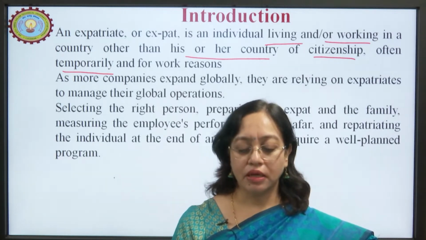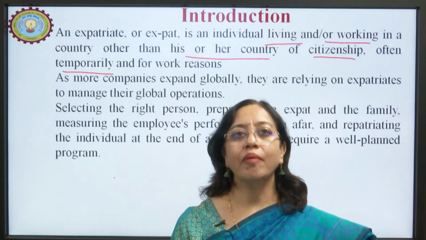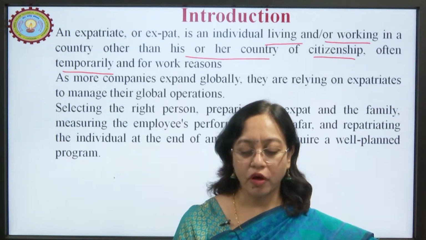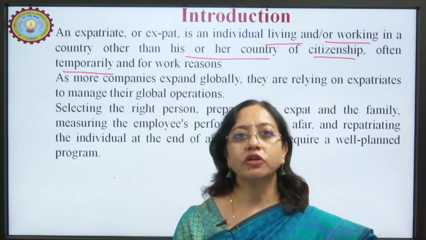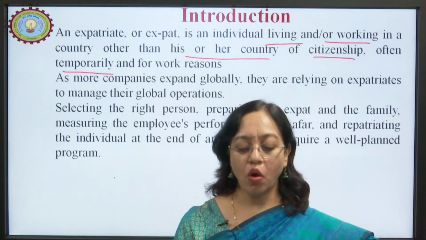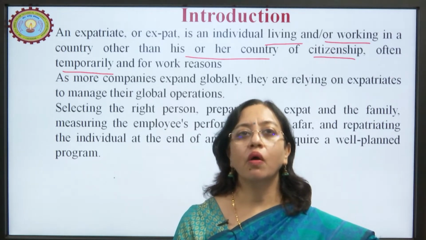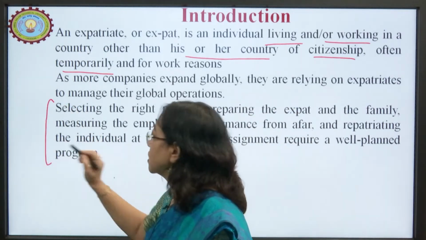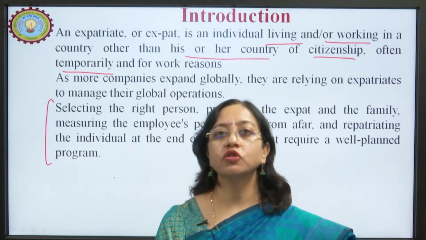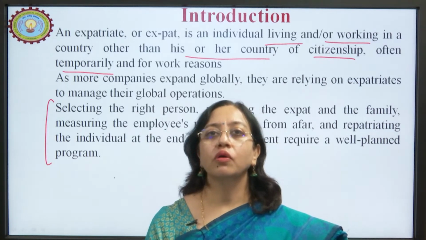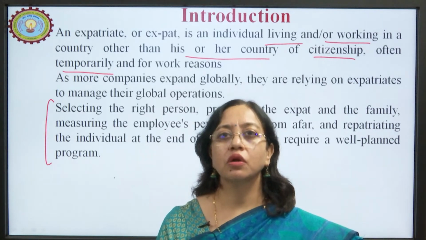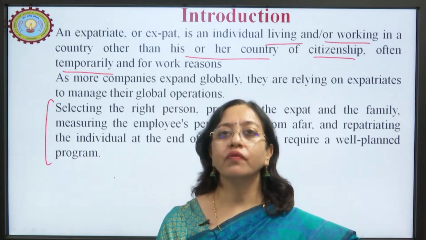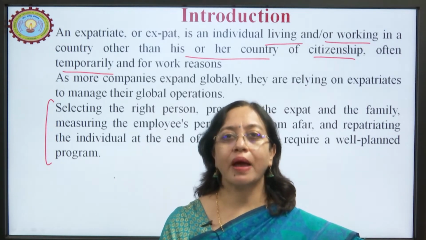Selecting the right person, preparing the expat and the family, measuring the employee's performance from afar, and repatriating the individual at the end of an assignment require a well planned program. So, this is specifically the reason that, as an HR student or an HR professional, we should focus so much on expatriates.